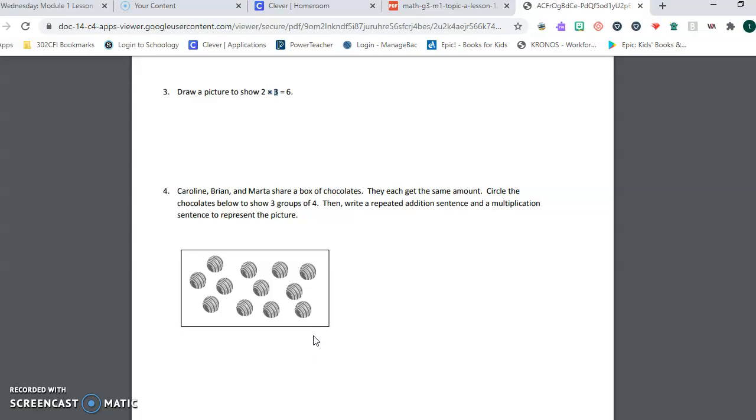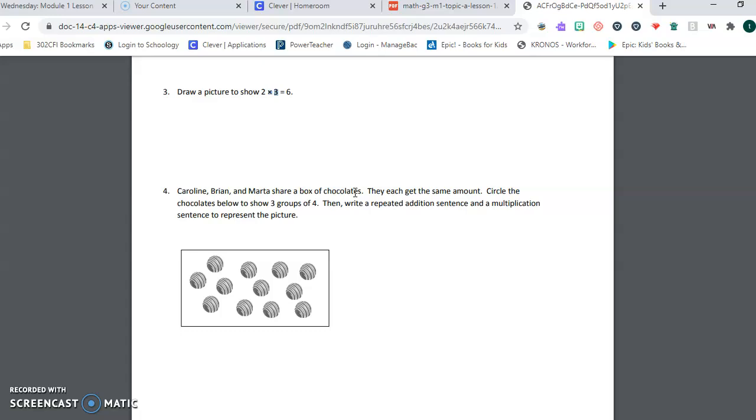So you know what? I'm going to go back and just read it again and model this strategy of read and reread the text to make sure you fully understand what you're doing. So we've got Caroline, Brian, and Marta share a box of chocolates. Okay, now I'm going to think to myself, what do I know? What kinds of things can I say that I know about this situation?